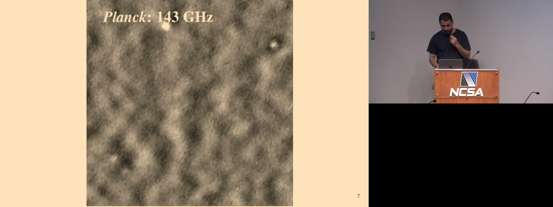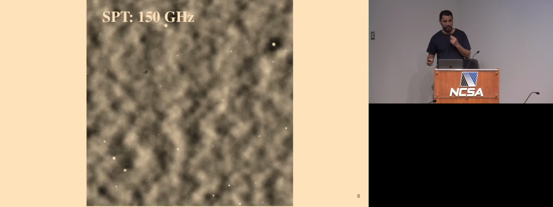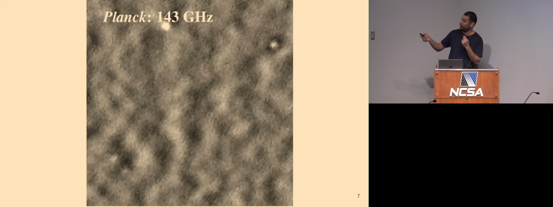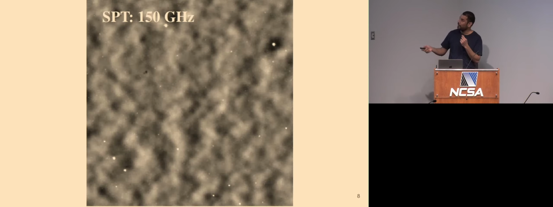But if you take the same location and observe that with South Pole Telescope, you see how good this becomes, right? This is a very, very fuzzy image of our sky in the millimeter wave. It's basically the same region, but it's South Pole Telescope. Now you see lots of those points, right? These are all galaxies.